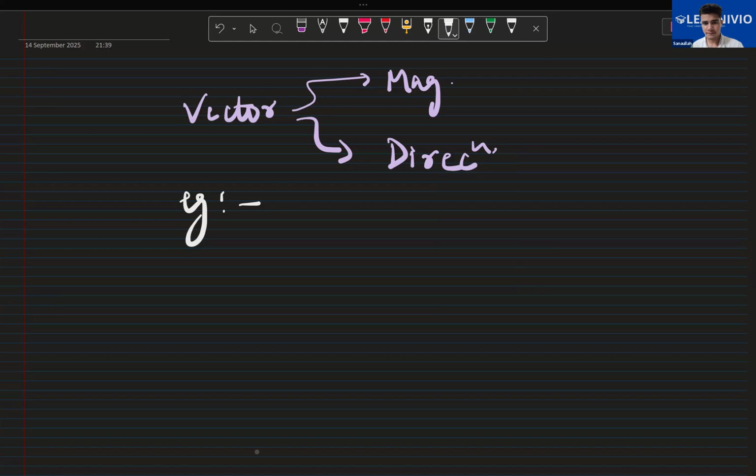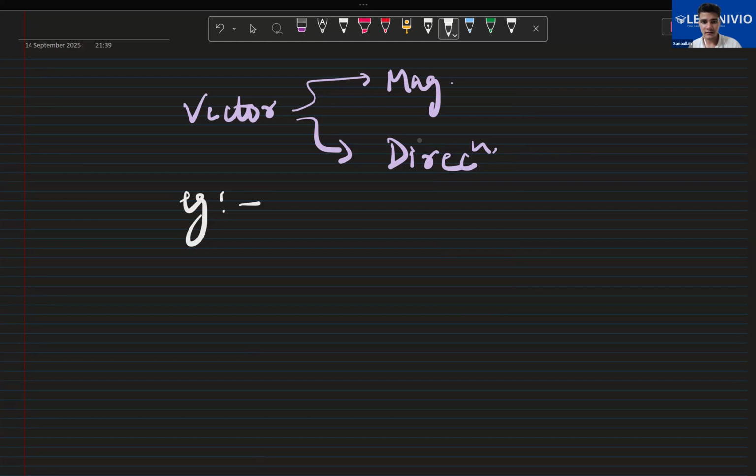Oshi, tell me. Distance, velocity. Can you repeat, please? Distance. No, distance is not a vector quantity.